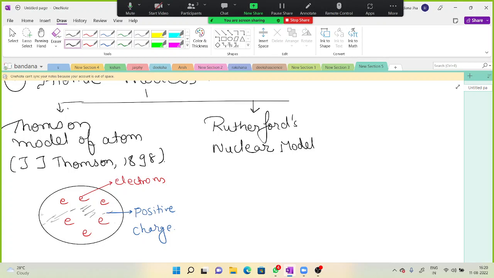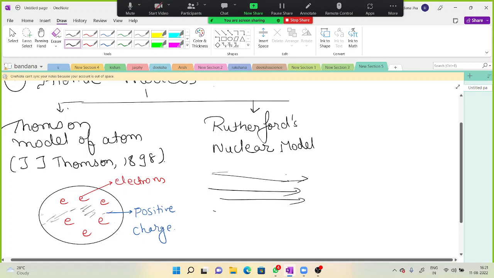His students Hans Geiger and Ernest Marsden helped propose this model with the gold foil experiment, that the electrons are distributed everywhere in their own orbits.